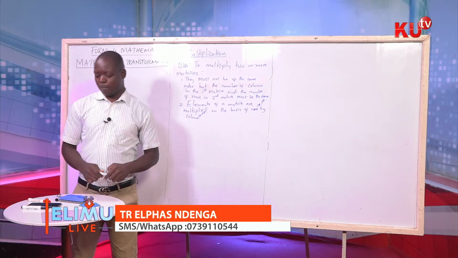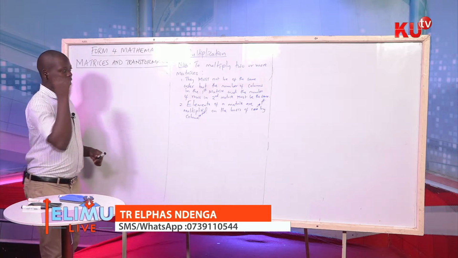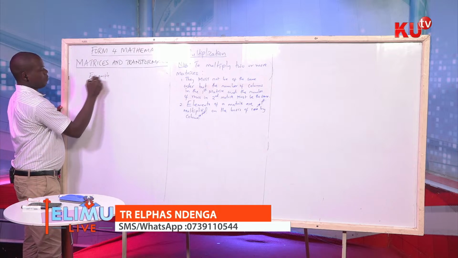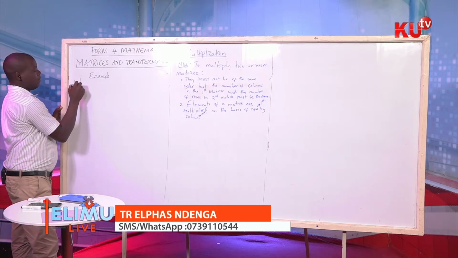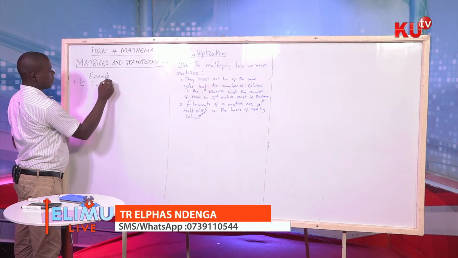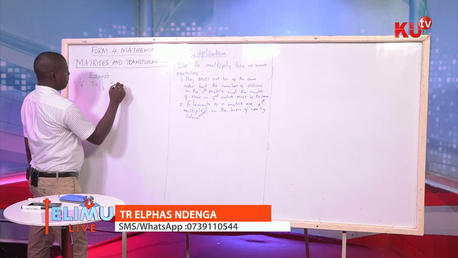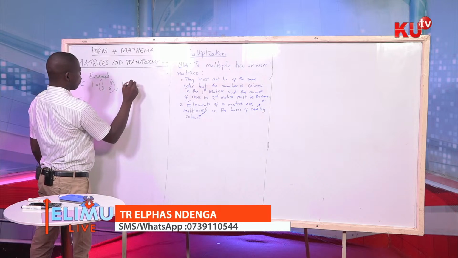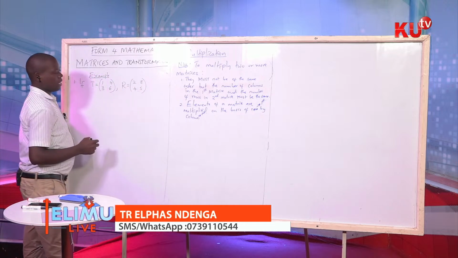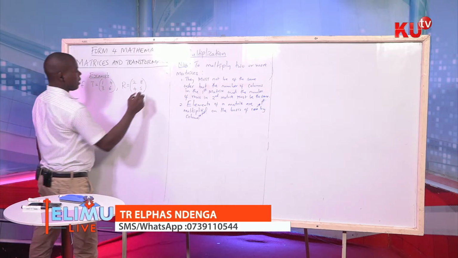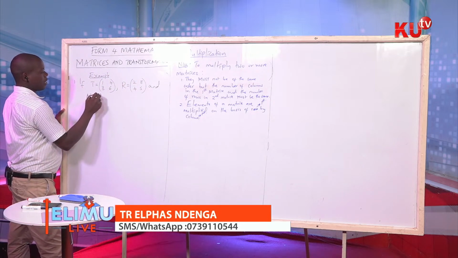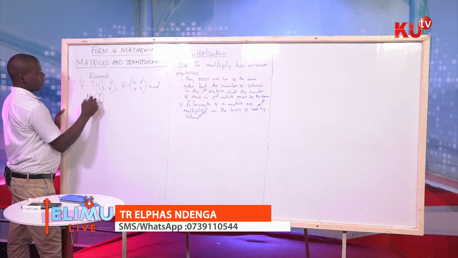Let's have an example to discuss this procedure that we've highlighted, students. As an example, we are told if T is the matrix 1, 4, 3, 6, R is the matrix 2, 8, 4, 5, and the matrix M is the matrix 8, 3.